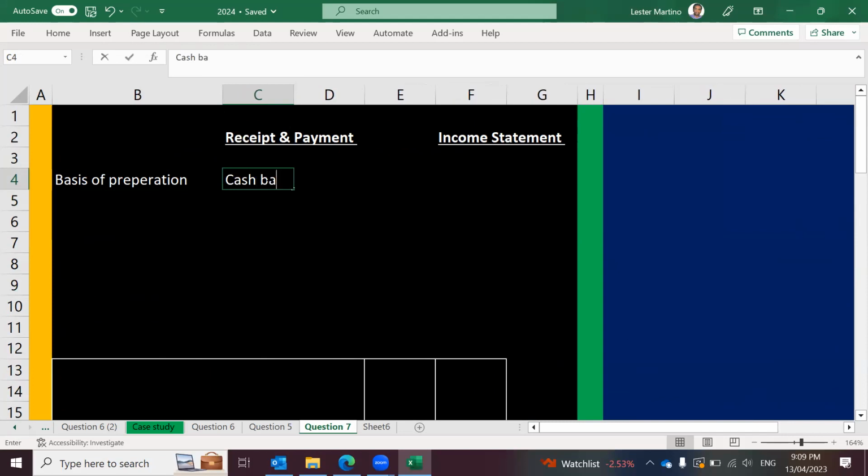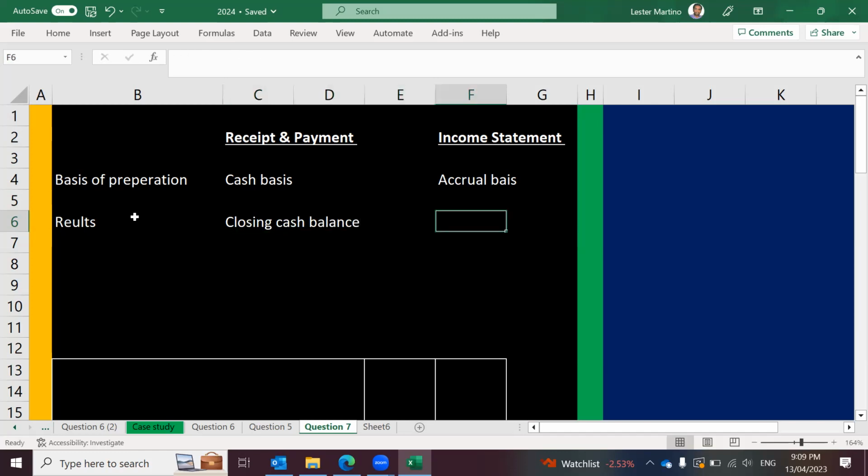Cash basis. Accrual basis. Result, closing cash balance, surplus or deficit.